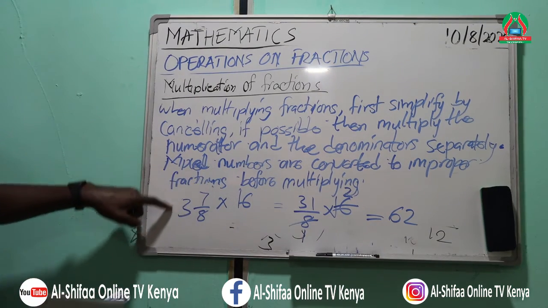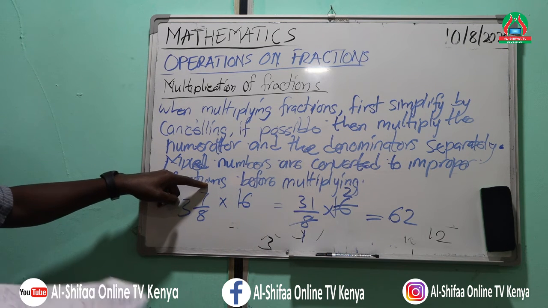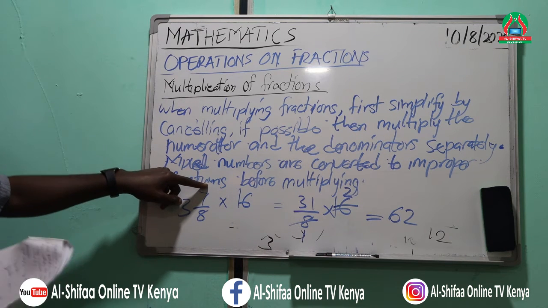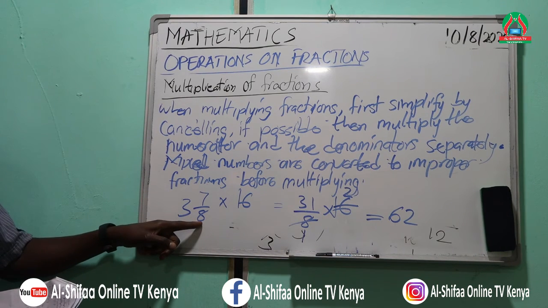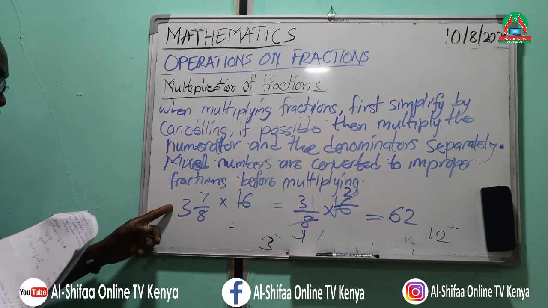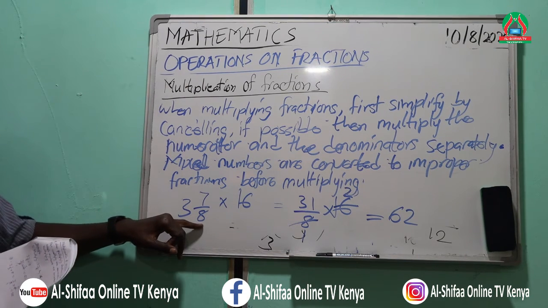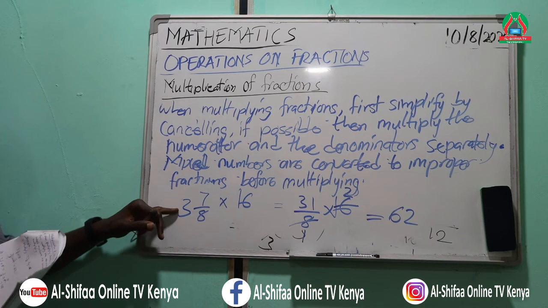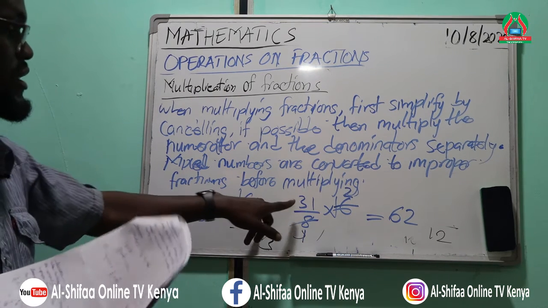And this is according to the instruction. When a number is a mixed fraction, first you convert it into an improper fraction, whereby we multiply the denominator by the whole number and add the numerator, in our case 8 multiplied by 3 you get 24, then you add 7 to get 31.